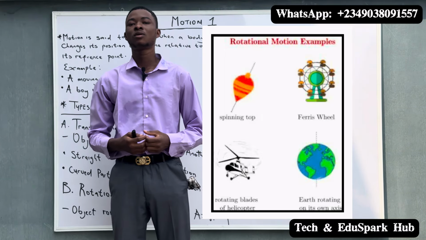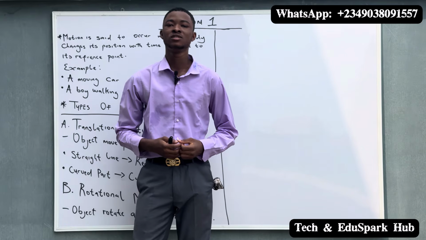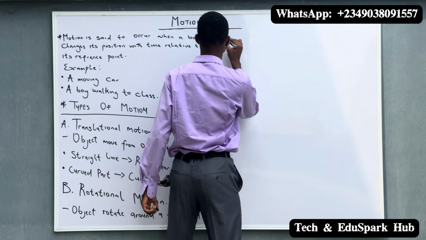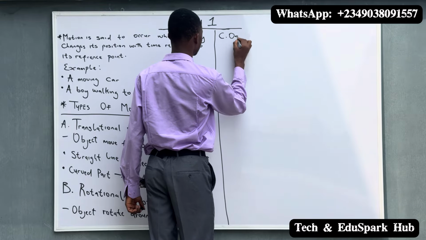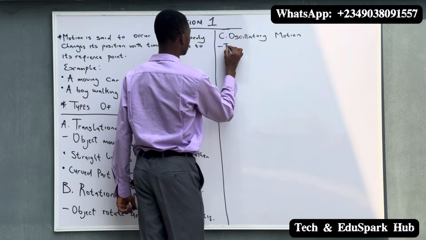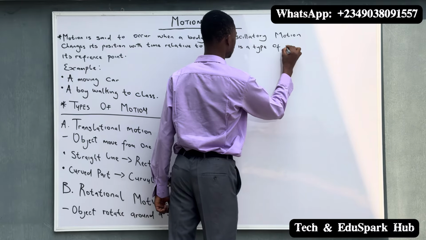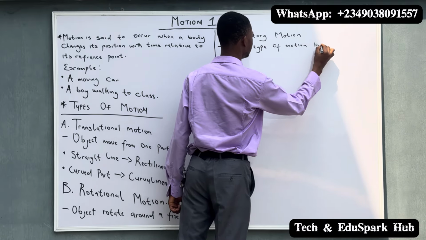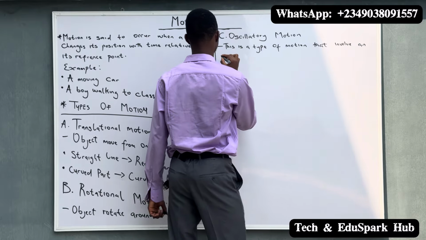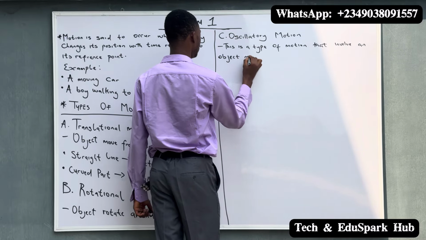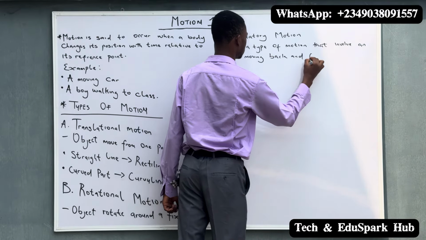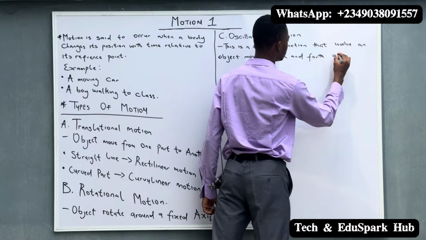So let's move to the third type of motion, which is the oscillatory motion. This is a type of motion that involves an object moving back and forth about a mean position.